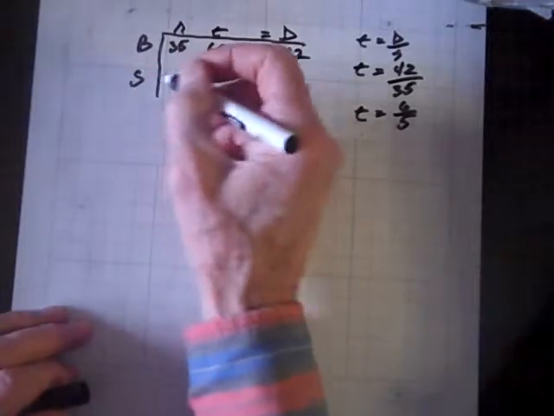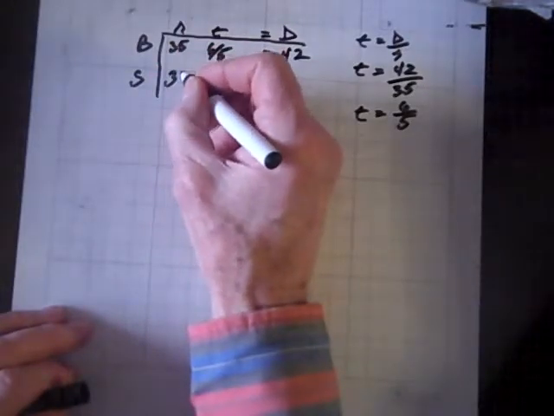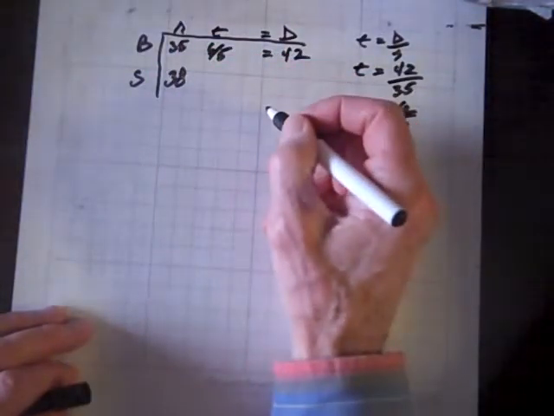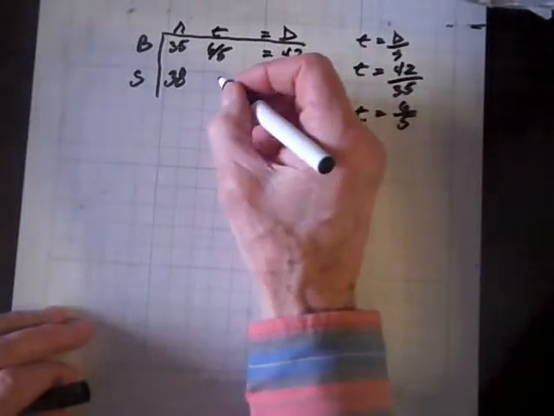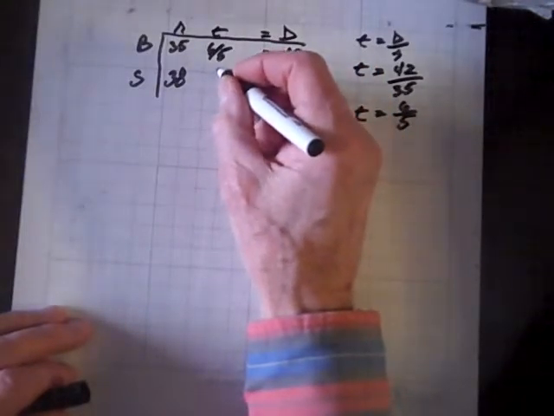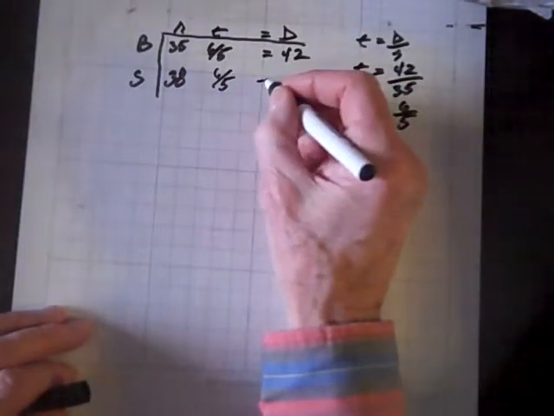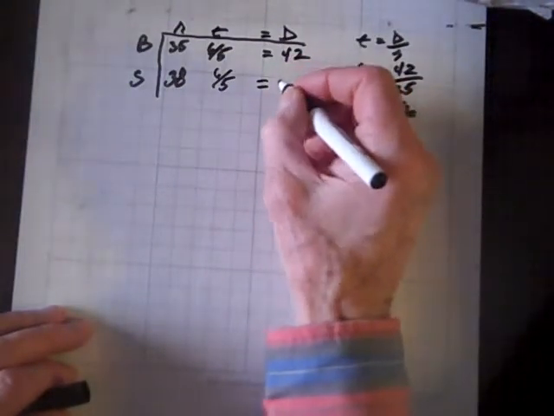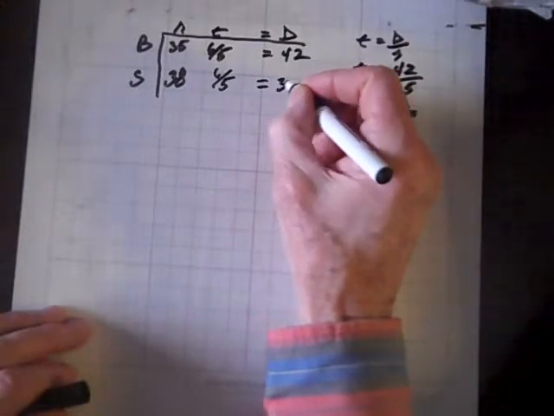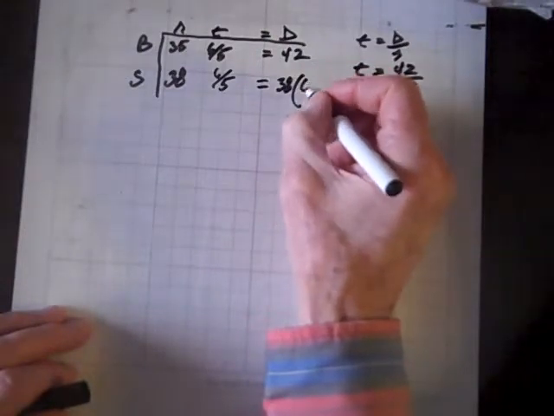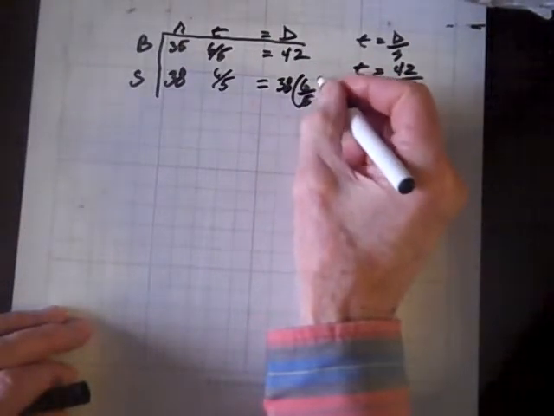Now Spot is traveling at 38 miles an hour. He's going to travel for 6/5 hours, and so his distance will be 38 times 6 over 5.